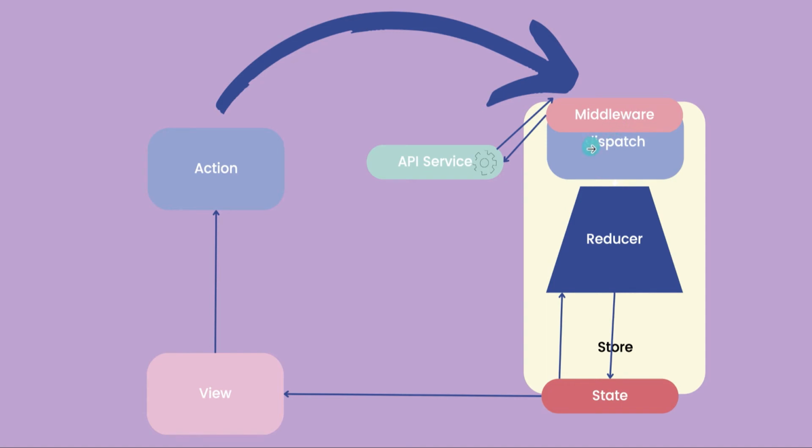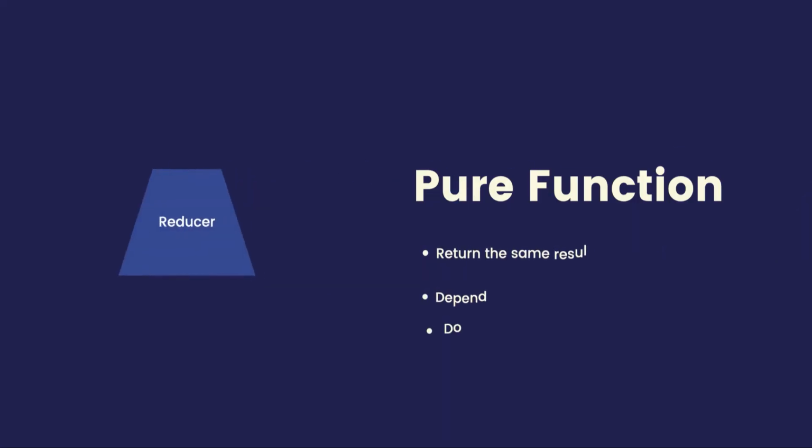But also there is a dispatcher, and the dispatcher manages all the data flow in the application. Actually, it doesn't have real intelligence or function. It just receives an action and sends it to the store for processing. And middleware here is a layer between action and reducer, because as I mentioned before, reducer should be a pure function. And what is a pure function?